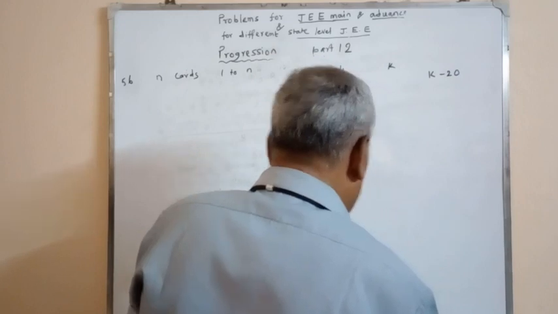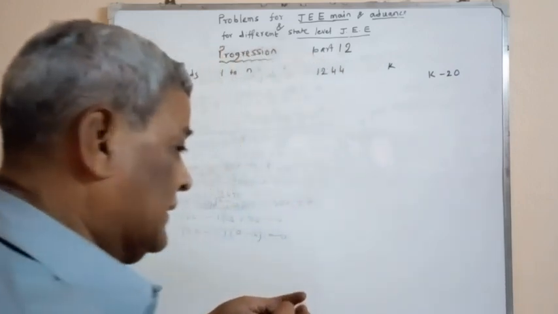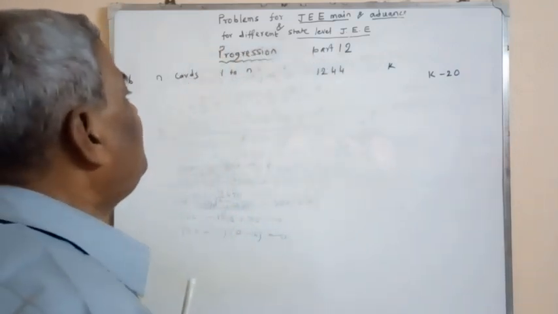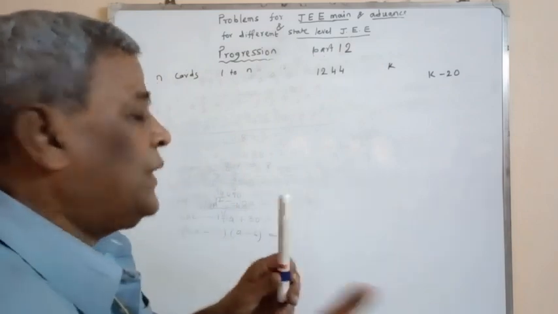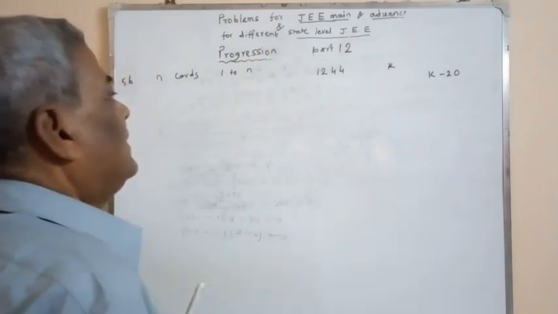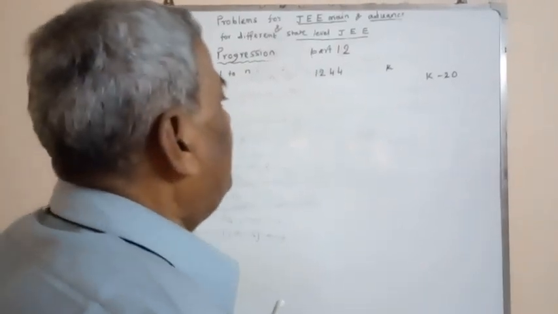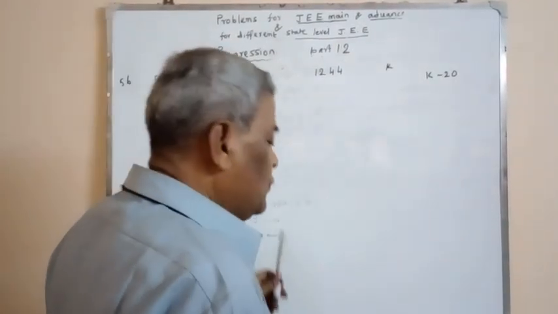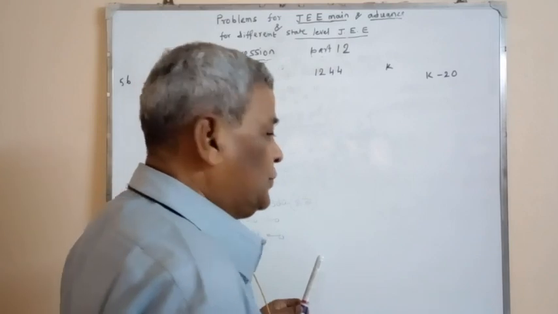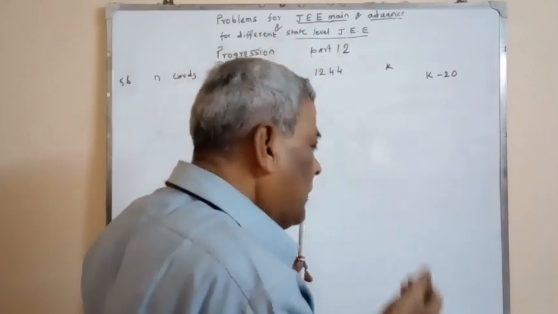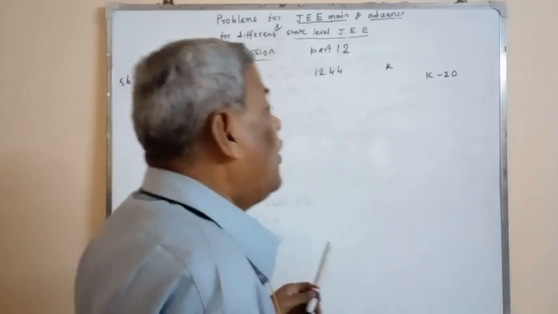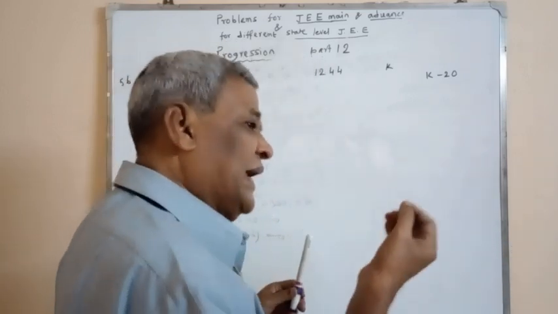Okay, the problem is there are n number of cards, having numbers 1, 2, 3 up to n. So from them, two consecutive cards are removed. Of the two consecutive cards, the minimum number is k.